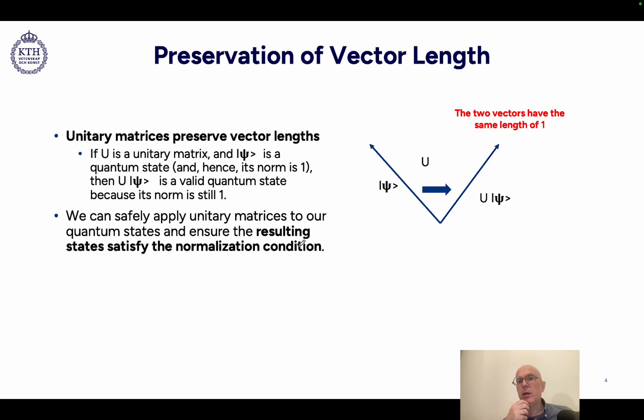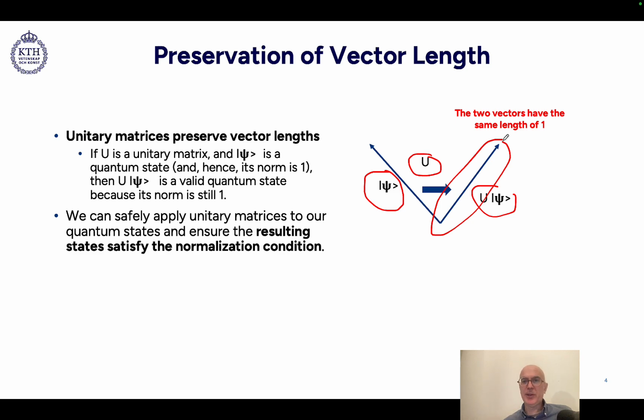The other very important property of unitary matrices is that they preserve vector lengths. So if we have a vector, in this case psi, we apply our unitary transformation and obtain U applied to psi. The vector resulting from this transformation has the same norm, so it has the same length.